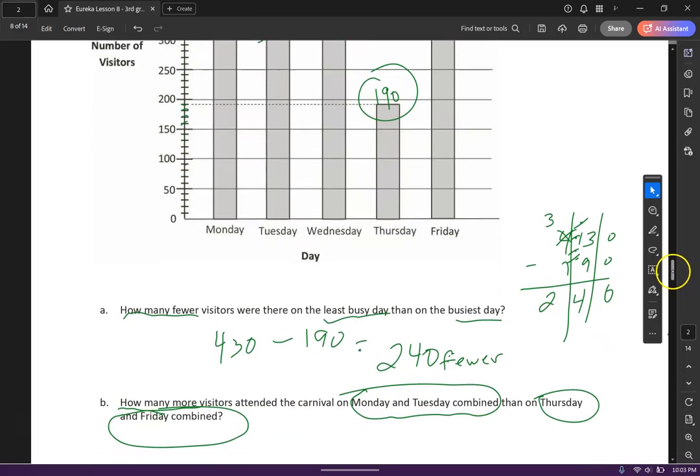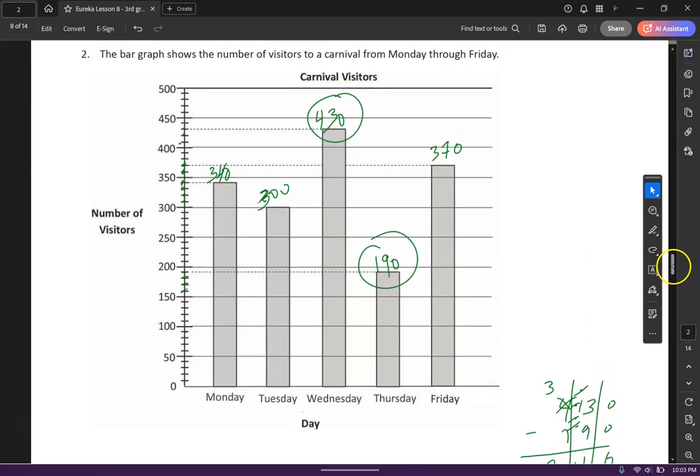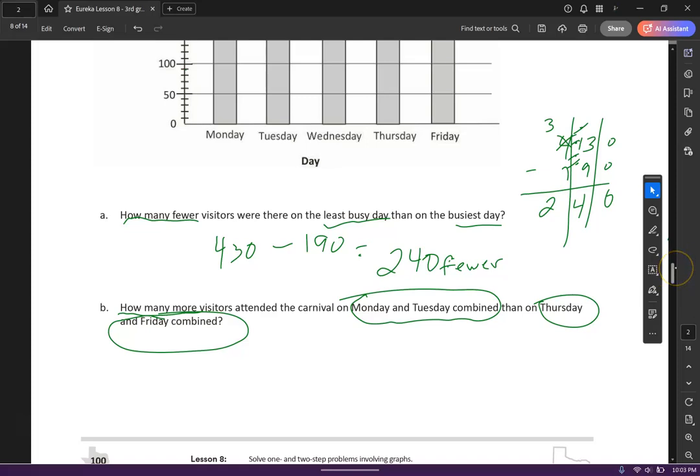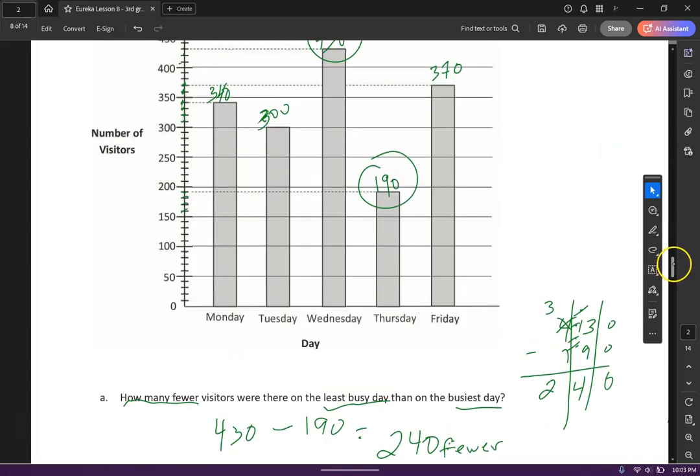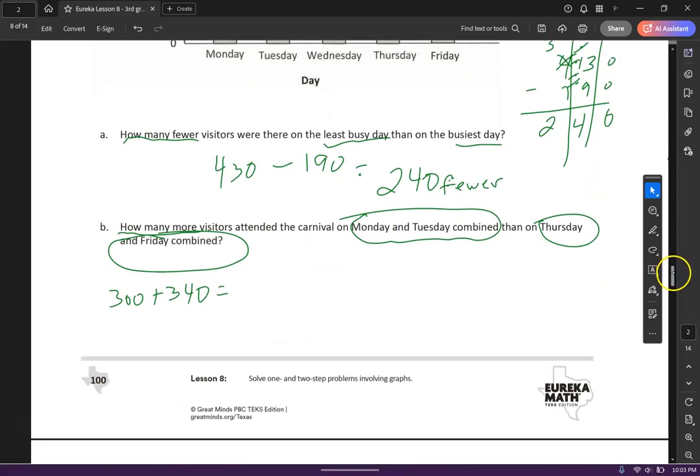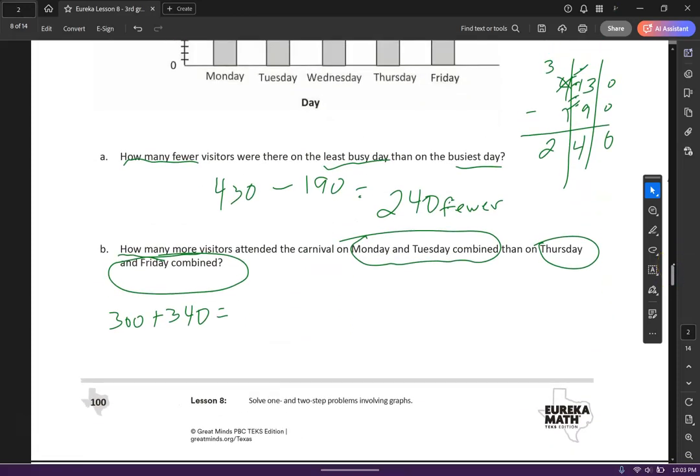So Monday and Tuesday, 340 and 300. And then Thursday and Friday, 370 and 190. Okay, I'm going to stack.